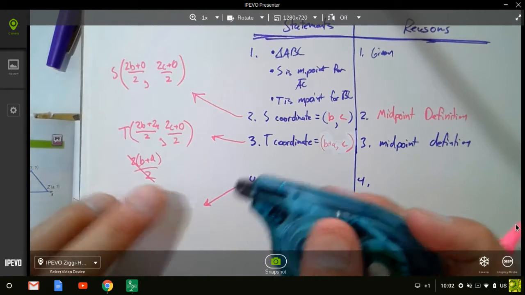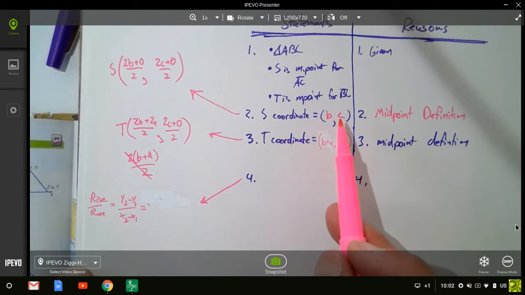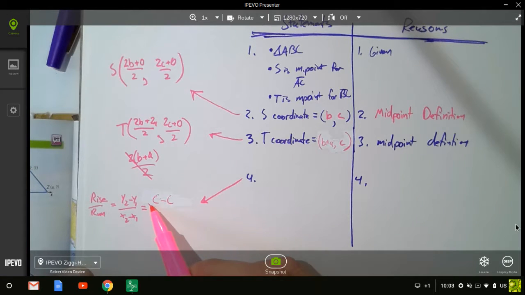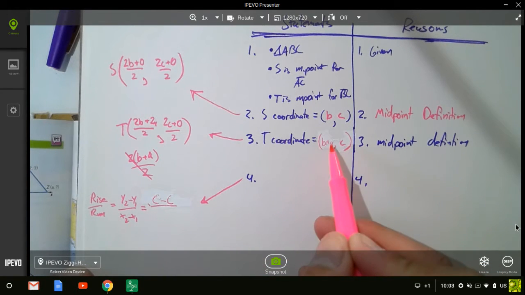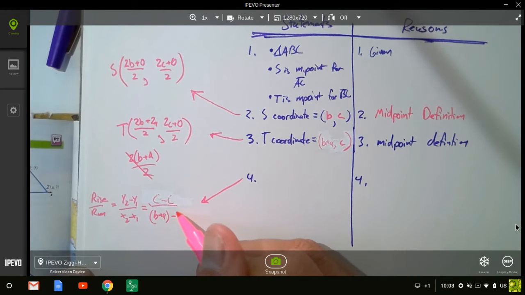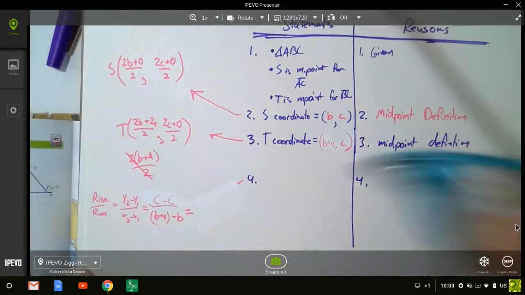I totally apologize. So what should go on the top is C minus C, however you want to look at it. So C minus C over, now we plug in B plus A minus B. Let me white that out a little bit more so we have more space to write.